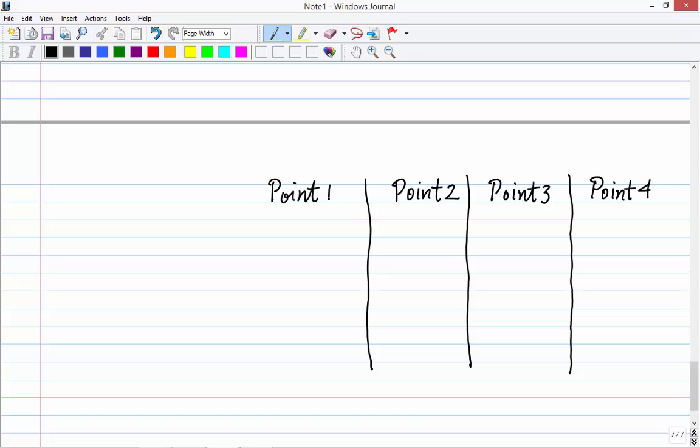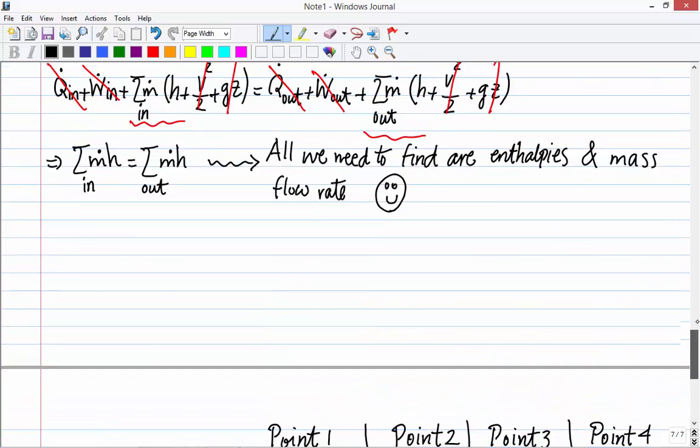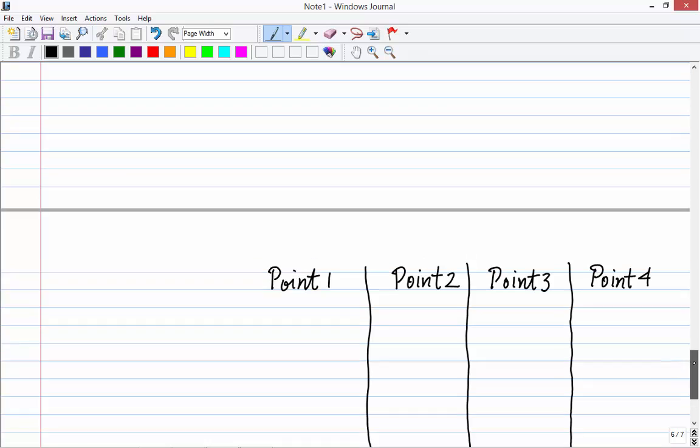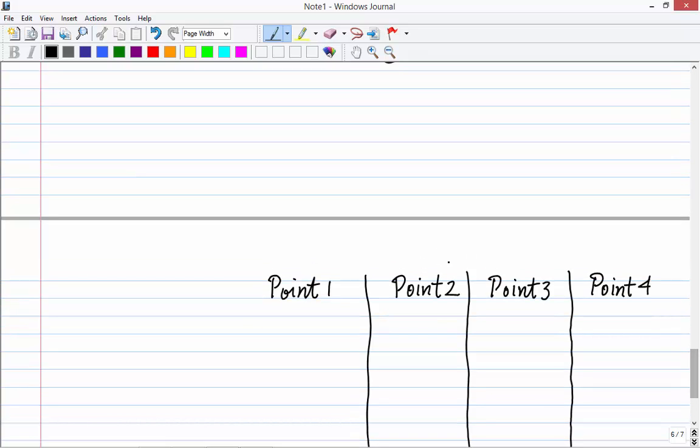Once again, point 1 and point 2 are about refrigerant. Look at the picture in the example. Point 3 and point 4 are about air. Okay.